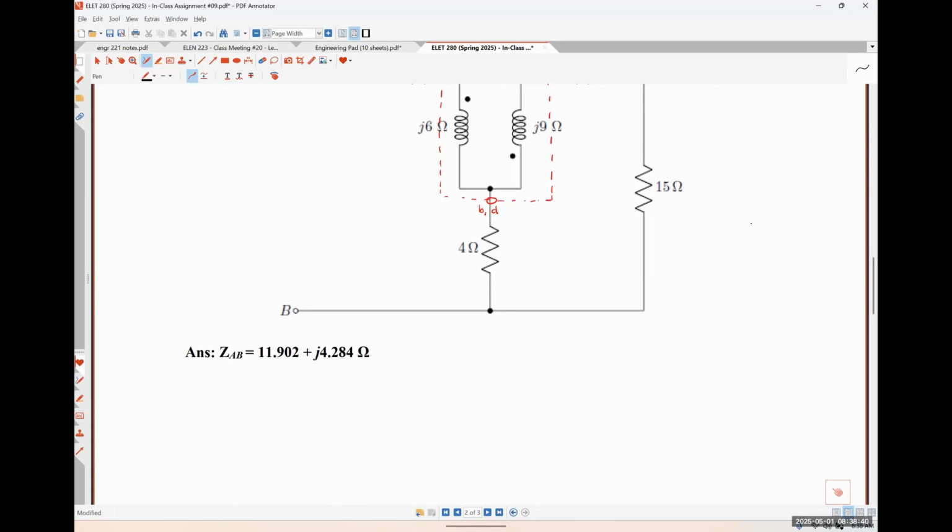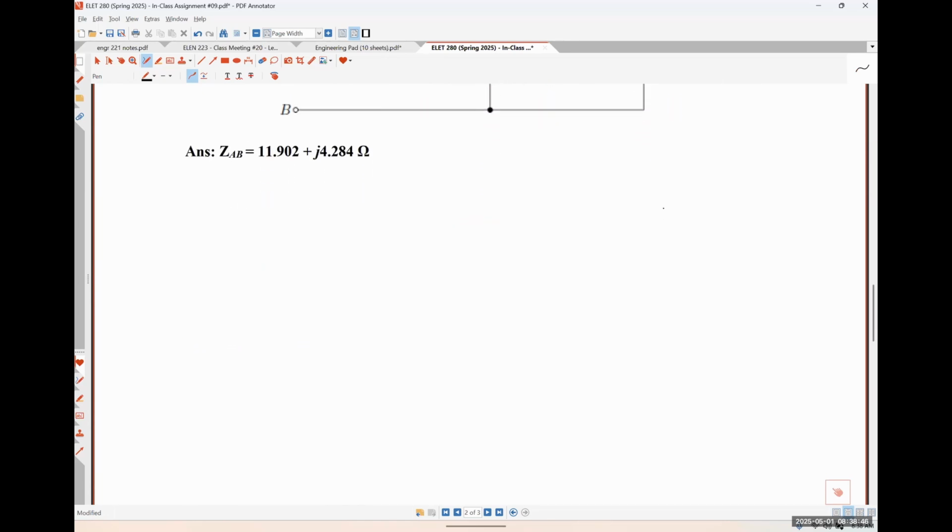So redrawing this guy, here I have uppercase terminal A, my 8 ohm resistor, my minus J3 ohm capacitance. This is lowercase terminal A. Down here is going to be lowercase terminals BD.